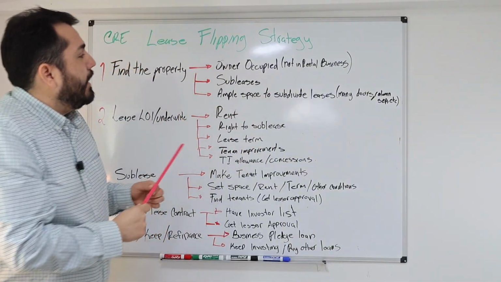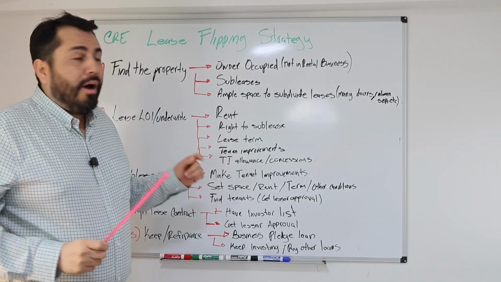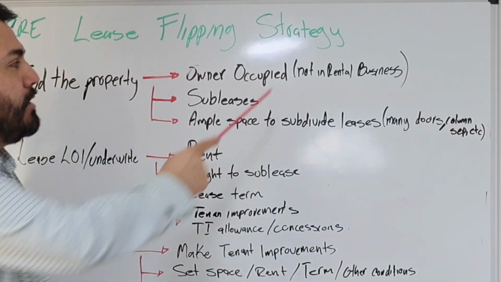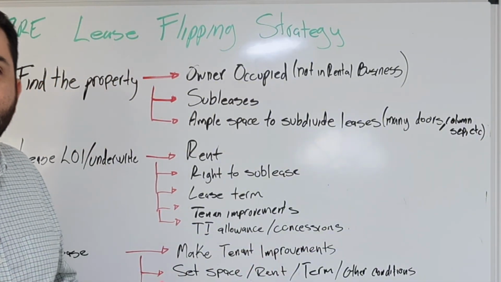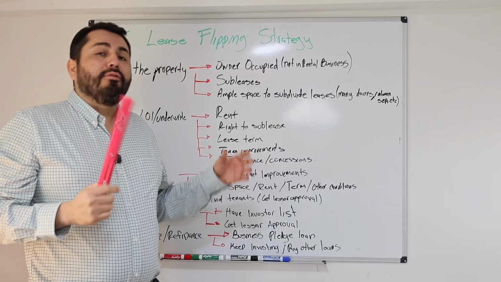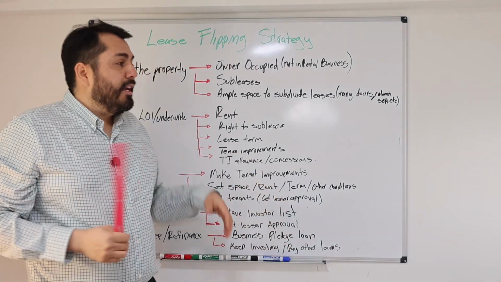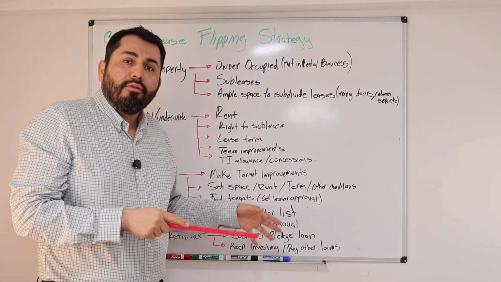Usually for this, I filter for owner-occupied properties. Why? Because the owner is not in the rental business. He has another kind of business. For example, he may be in furniture making, and they make their money from the furniture.